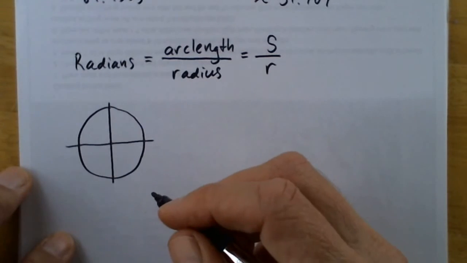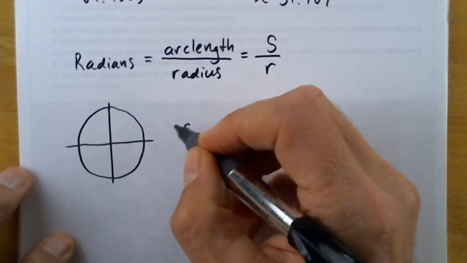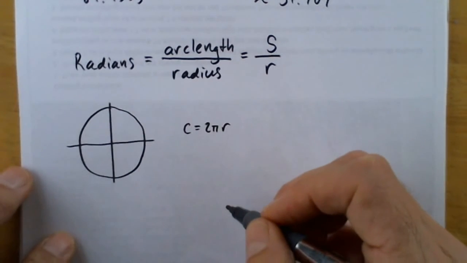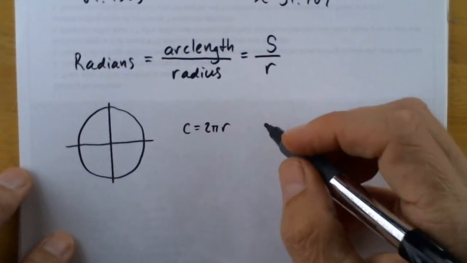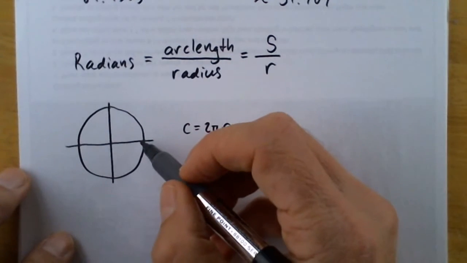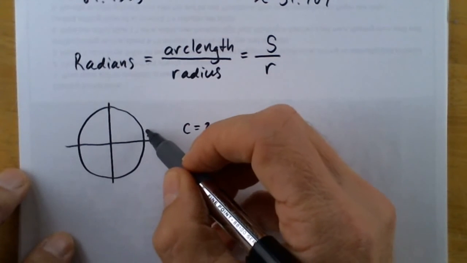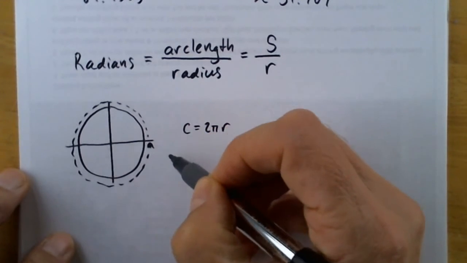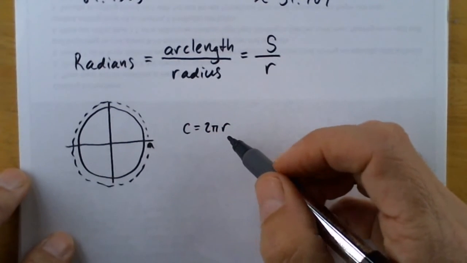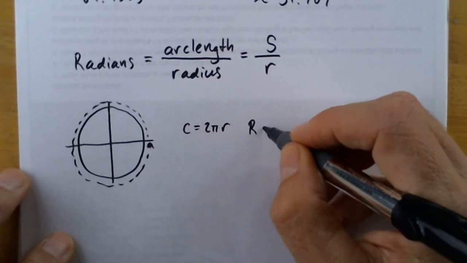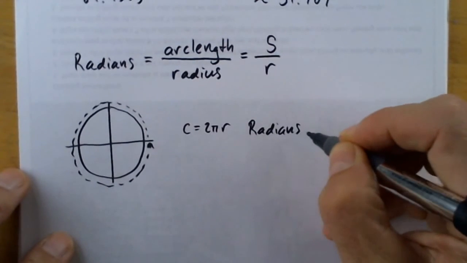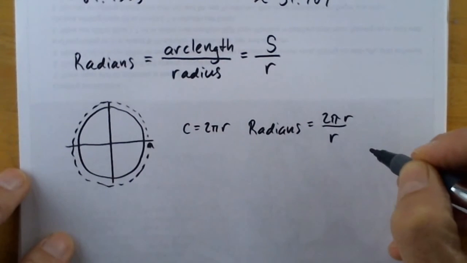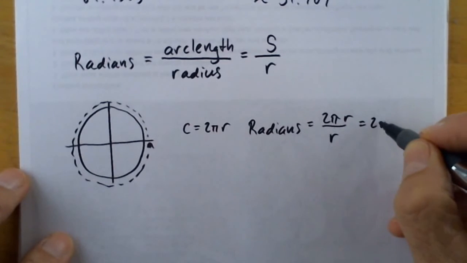If we have the circumference of the circle is 2 pi r, then that tells us the number of radians, if we start here and we go all the way around the circle, we know the distance traveled is 2 pi r. And if we want to know how many radians we rotated, we would take the arc length and divide by the radius. So we have 2 pi.